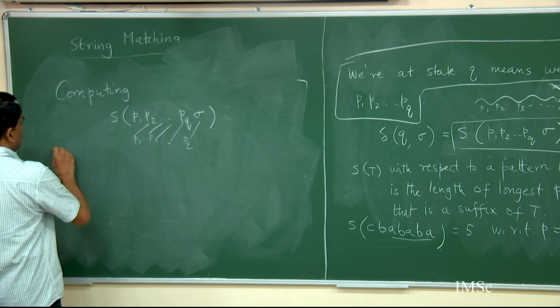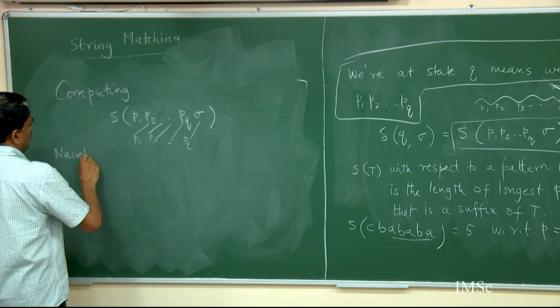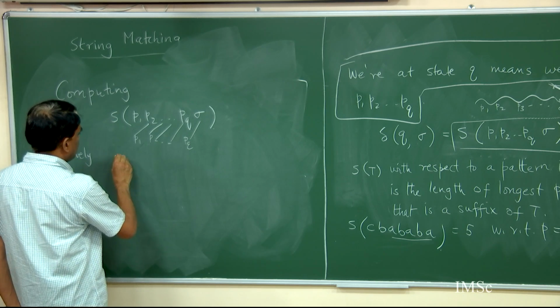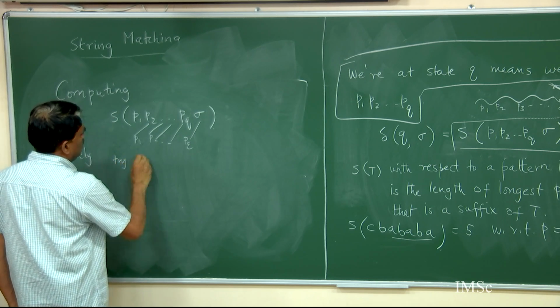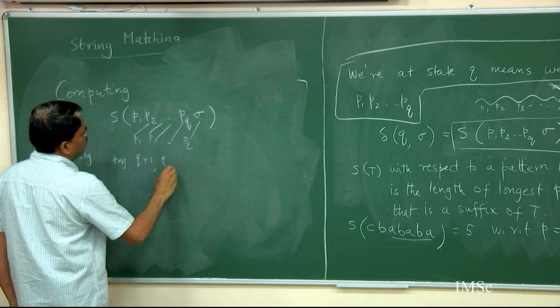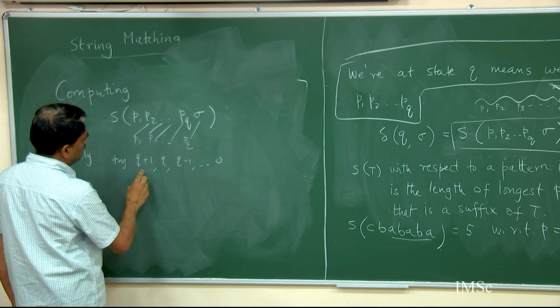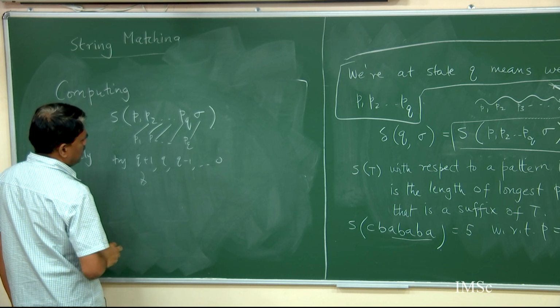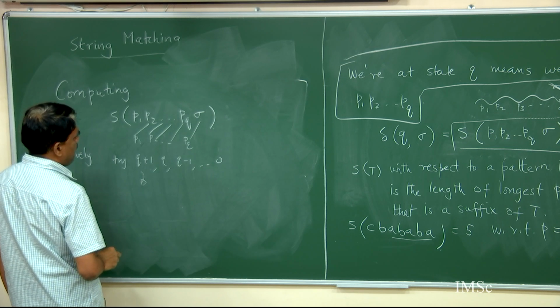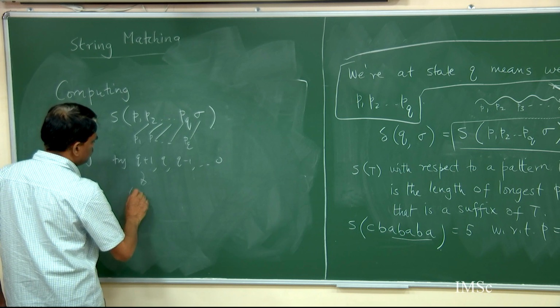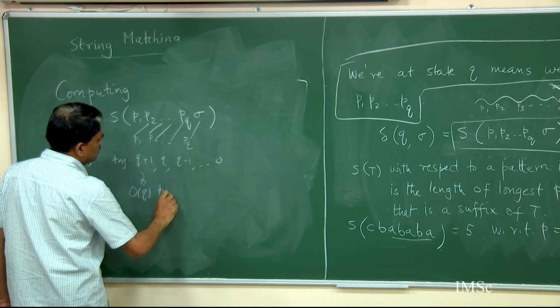So naively, how much time? You try q plus 1, q, q minus 1, up to 0, and each one would take order q time in the worst case.